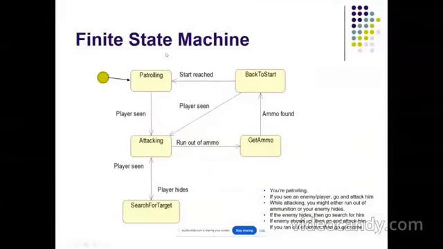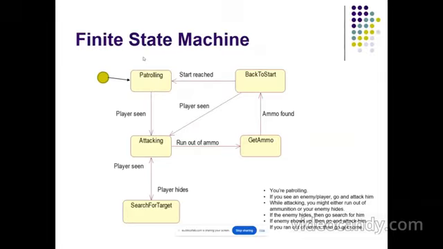A typical finite state machine example is an agent who is patrolling, looking to hunt a player. The player is free to move as the main player. However, there are agents patrolling the gameplay, looking for the player to hunt.